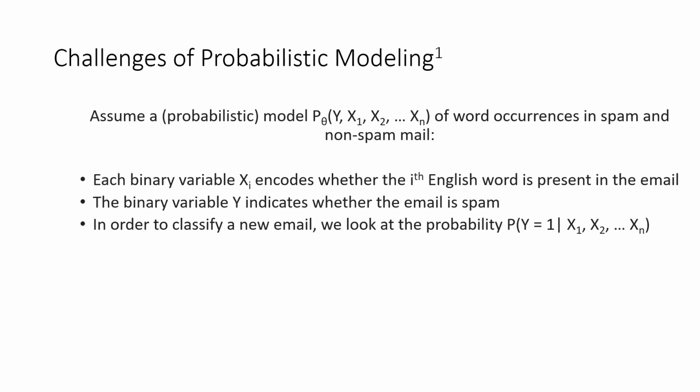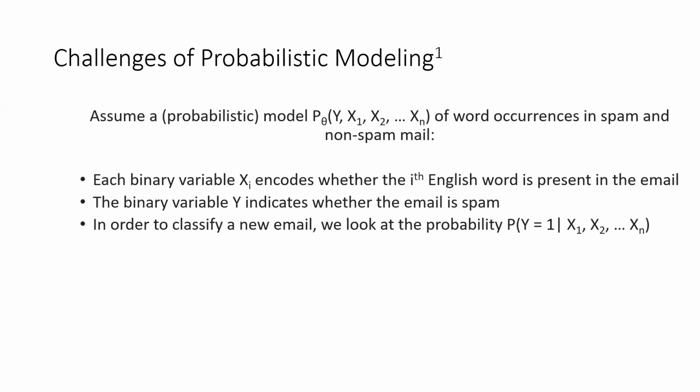I'll define a probability distribution where one variable will be the label of spam or non-spam, and the rest of the variables are all representations of the words in the text. I say representations because a mathematical model does not understand text. So we need to take a word and represent it with a form, numbers, vectors, matrices, that a mathematical model can understand.